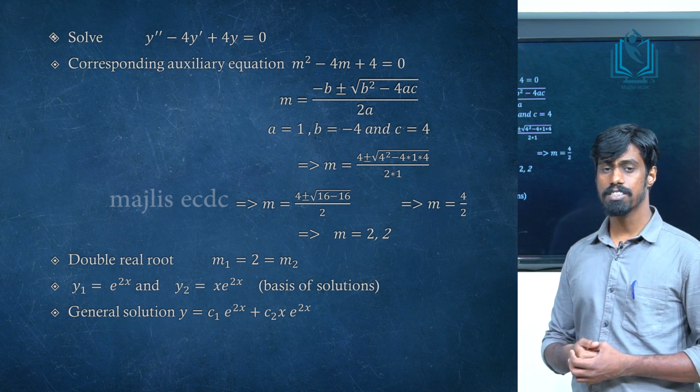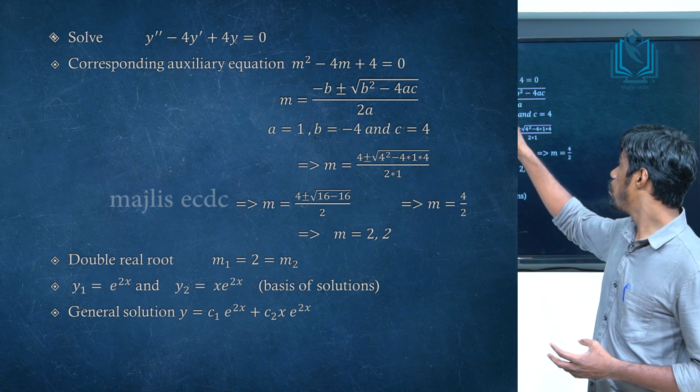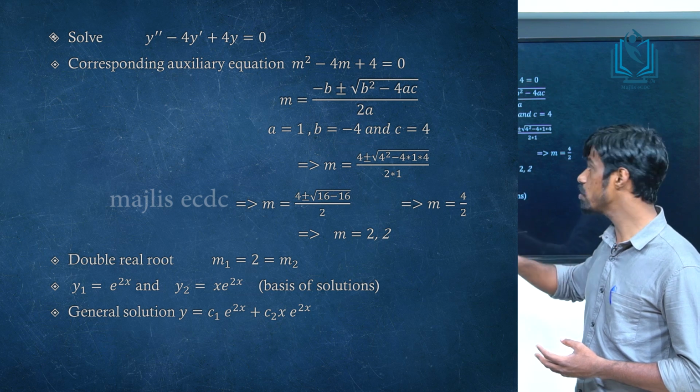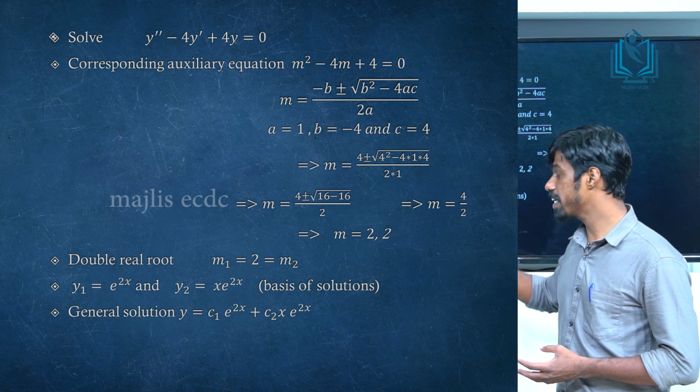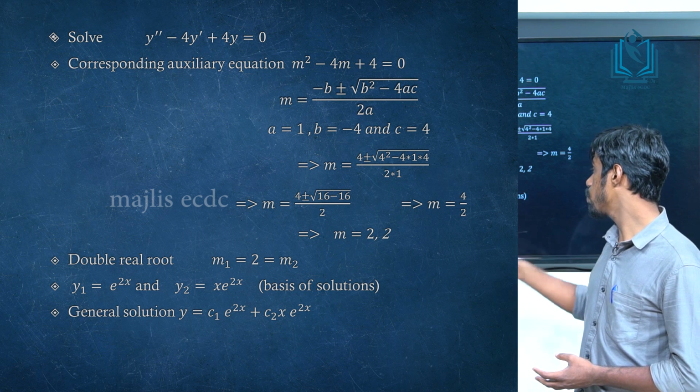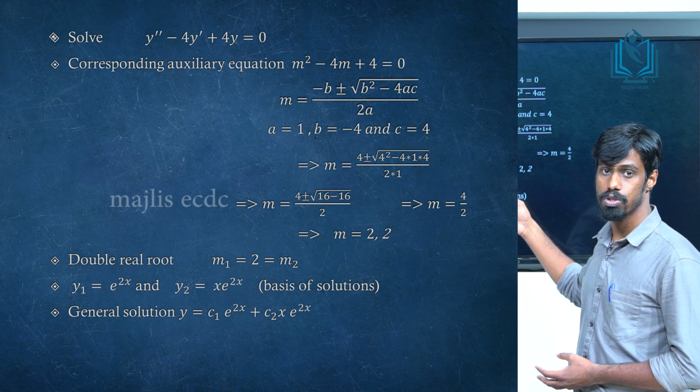The basis solutions of y double dash minus 4y dash plus 4y equal to 0 are y1 equal to e raised to 2x and y2 is equal to x e raised to 2x.